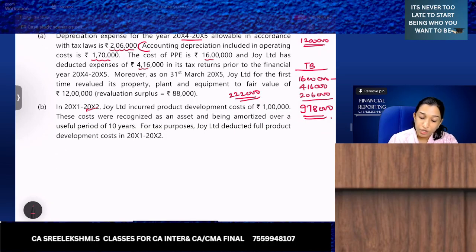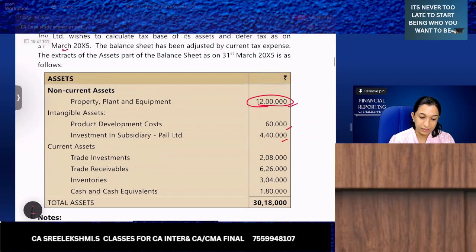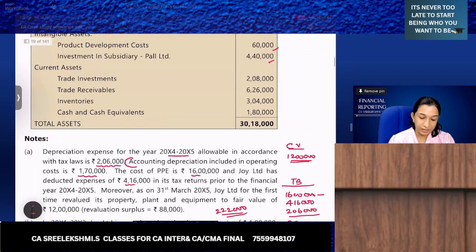With respect to point B, we have not read. In 11-12, Joy Limited incurred product development cost of 1 lakh. These costs were recognized as an asset and amortized over a useful life of 10 years. For tax purposes, Joy Limited deducted the full product development cost in 11-12. So what is the current year? 14-15 is the current year.